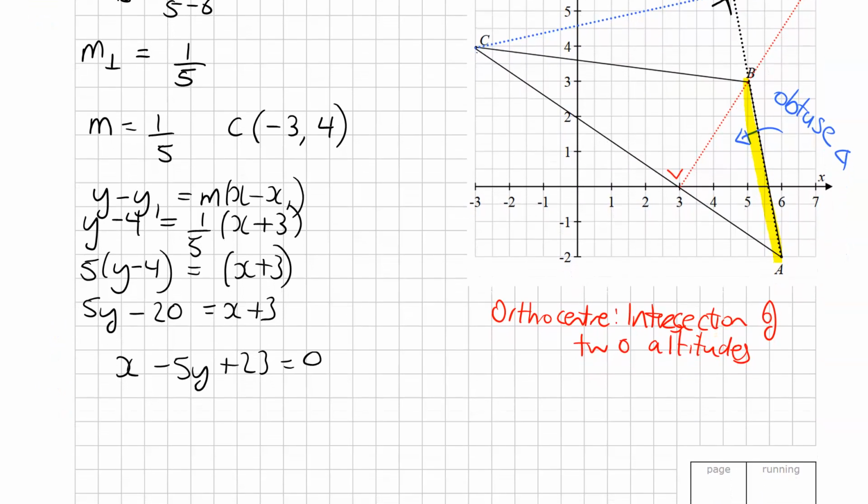So there's one equation, and the other equation was 3x minus 2y minus 9 equals 0.